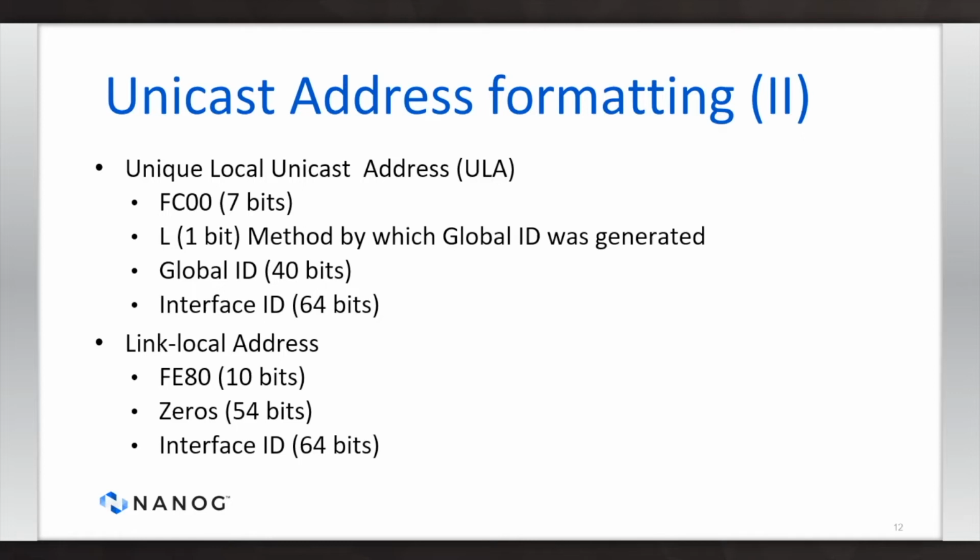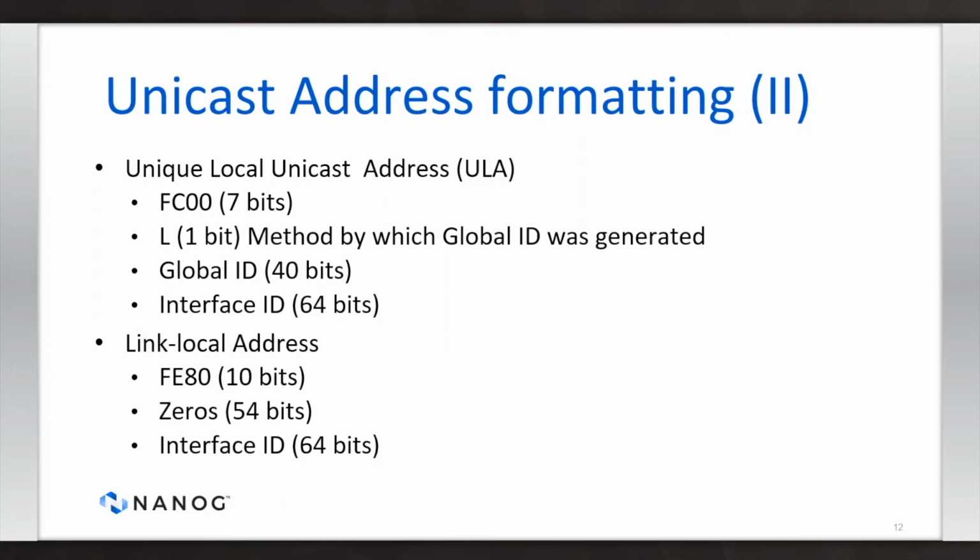The global ID identifies the subnetwork. Now, one thing that we might note here is global ID is a bit of a misnomer. If it was generated by some random method, how do you know that it's global? Well, you really don't. You just know that 2 to the 40th is a really big number, and it probably is. And then an interface ID, 64 bits.